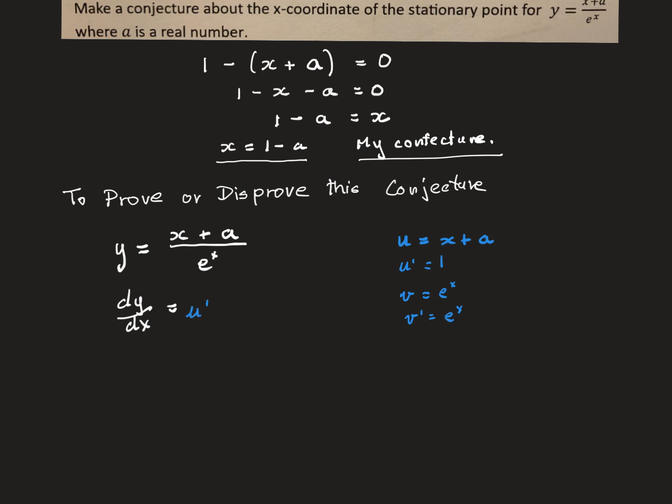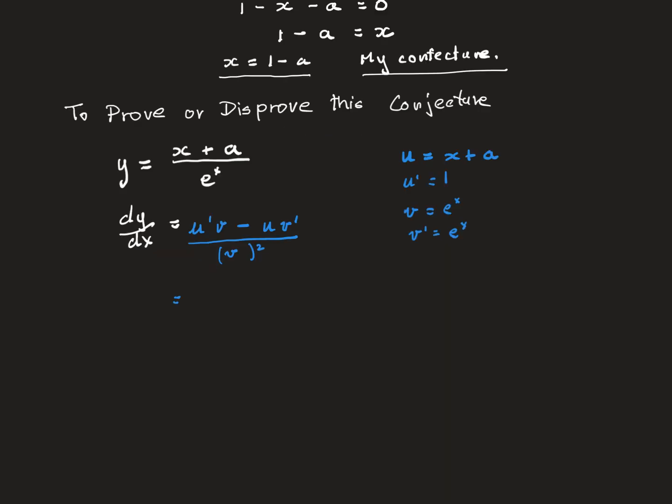And hence I will put this as uv dash minus, and that will be e^x minus x plus a times e^x over e^x to the power of 2. And as before, that becomes e^x, which is 1 minus x plus a over e^x to the power of 2.